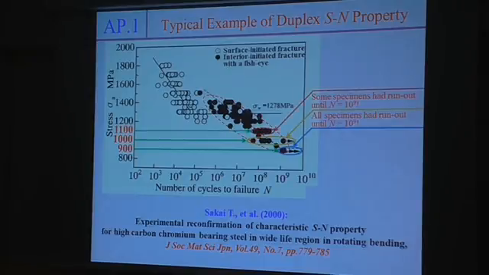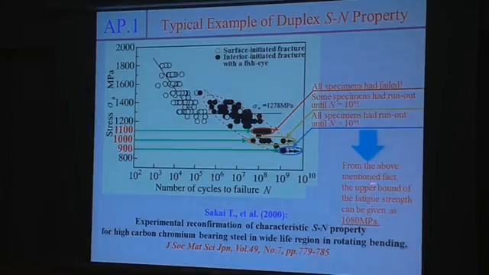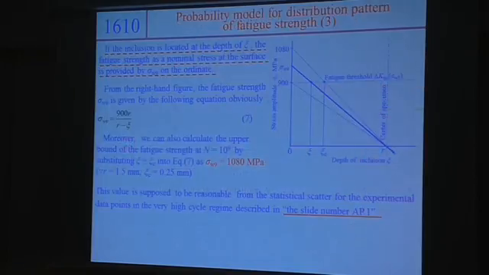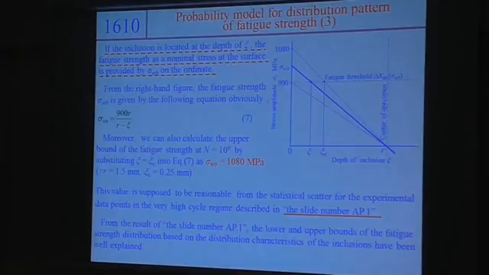At 1100 megapascal, all specimens have failed. From the above-mentioned fact, the upper bound of the fatigue strength can be given as 1080 megapascal. From the result of slide number appendix 1, the lower and upper bound of the fatigue strength distribution based on the distribution characteristic of the inclusions have been well explained.